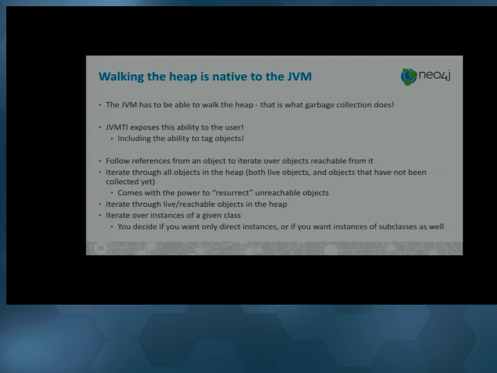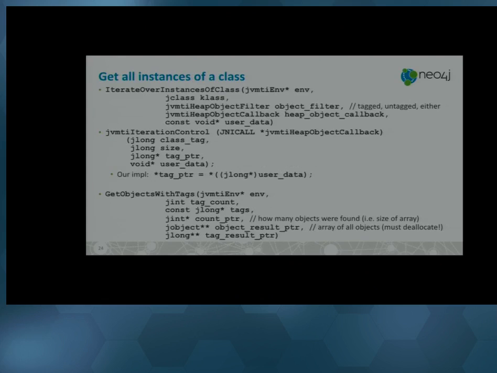There are also APIs for iterating through all instances of a given class. So we can use that to create a Java API that allows us, given a class, to get all instances of that class.